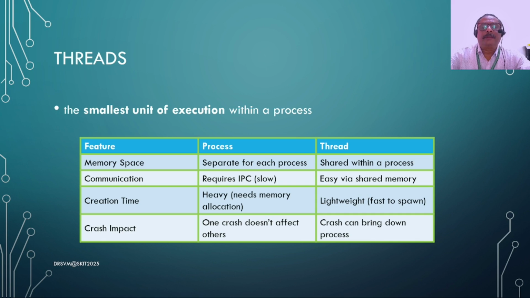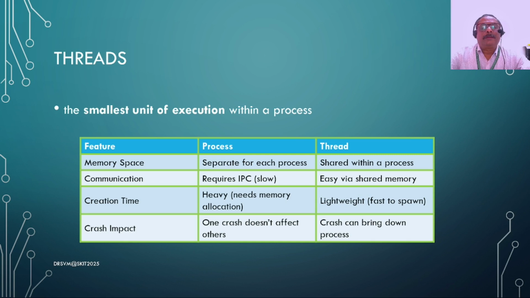But yes, there is a difference, and the difference is as far as memory space is concerned. Each process will have a separate memory space, whereas the threads share the memory space of the process. So a process will have a memory space, and all the threads under that process will share the same memory space.